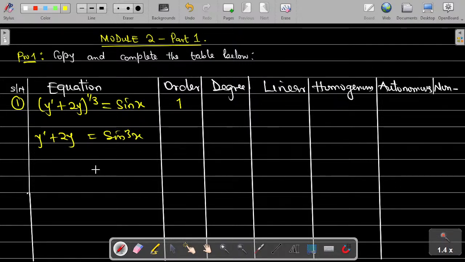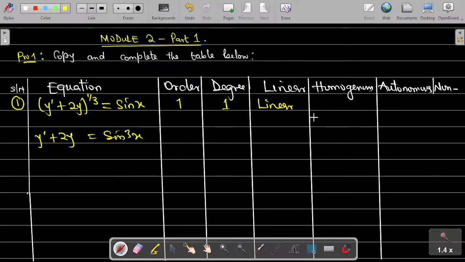So the order is 1, and the degree is the power of y prime, which is also 1. Whether linear or not linear, it is linear, because it satisfies all the conditions.